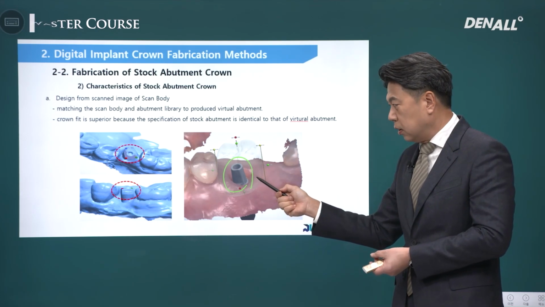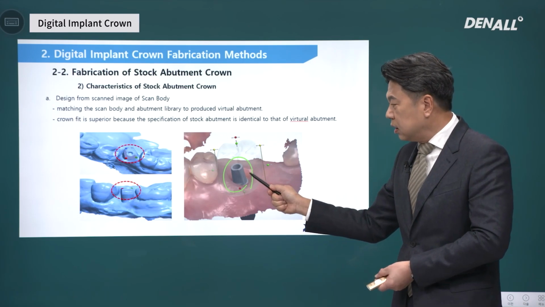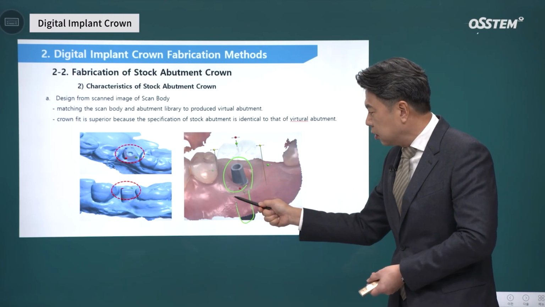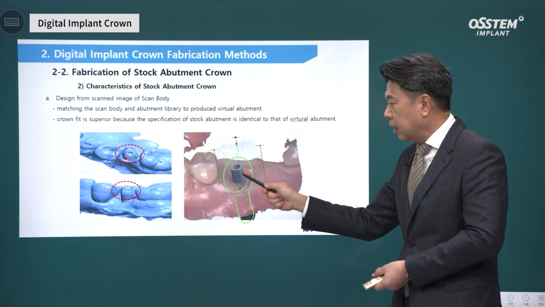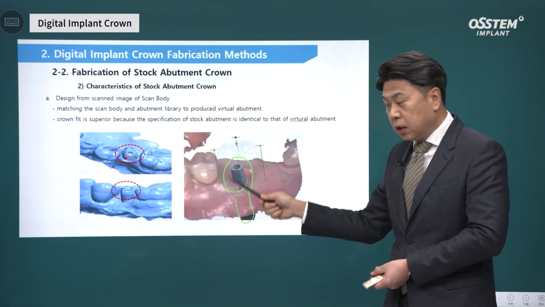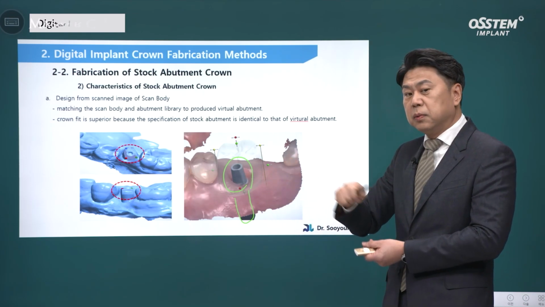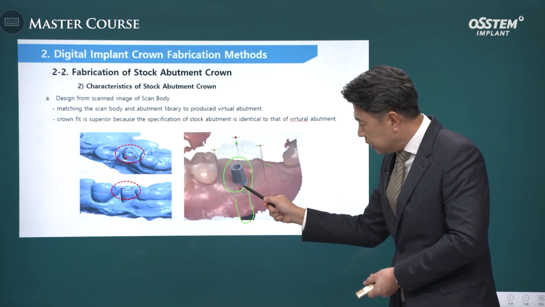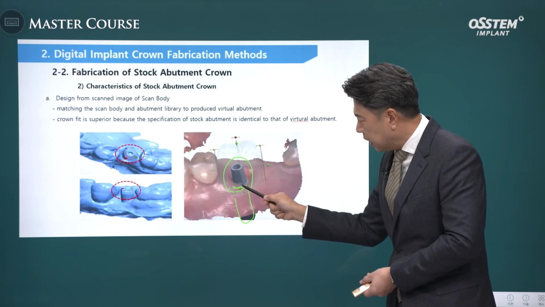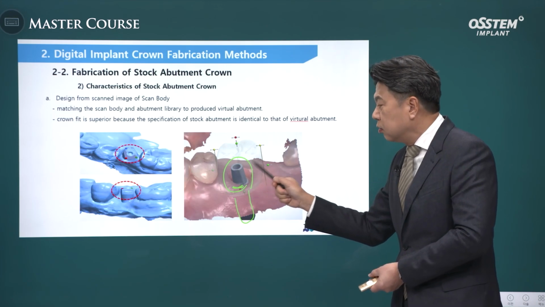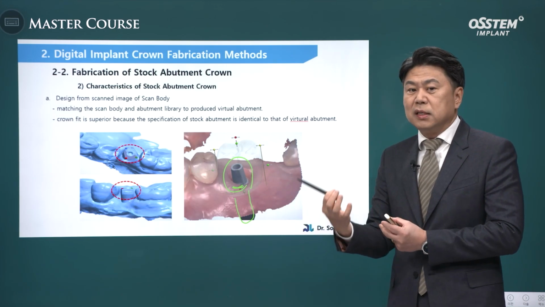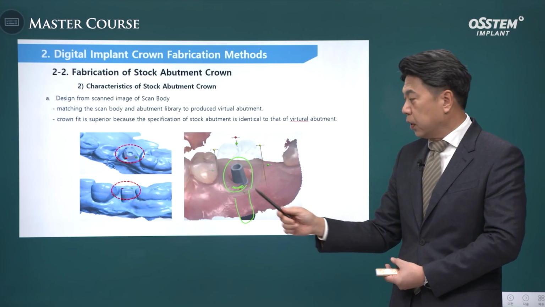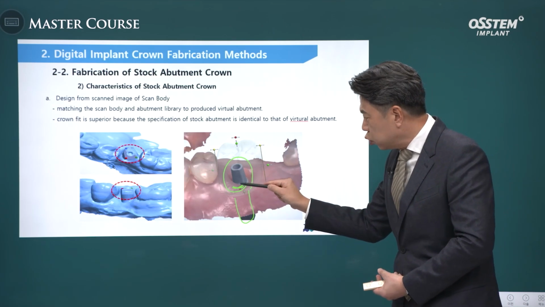It's because the digital data is superimposed over the digital abutment, so it looks very clear compared to direct impression taking. Here, the margin is not visible clearly because it is digital data, but the margin is clearly identified even though it is not visible.